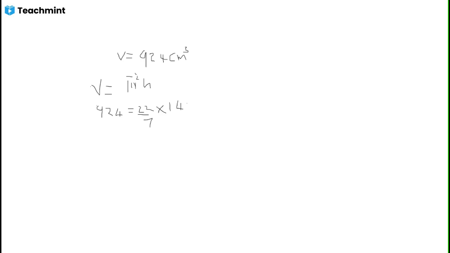Find the height quickly using algebra. This is a linear equation. Find the value of the height. What is the height? 21. Are you sure? Oh, there is a squared here, sorry. 14 squared.